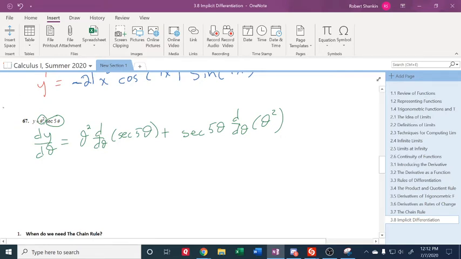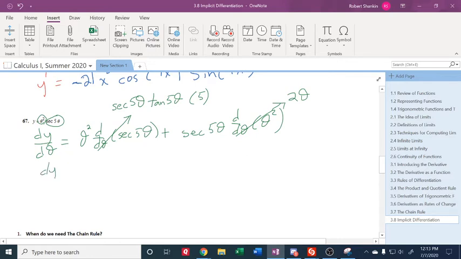So now the derivative of a secant of something is secant tangent, and then times the derivative of the something. When you take the derivative of 5 theta with respect to theta, you're just going to get 5. When you take the derivative of this one, this becomes 2 theta.